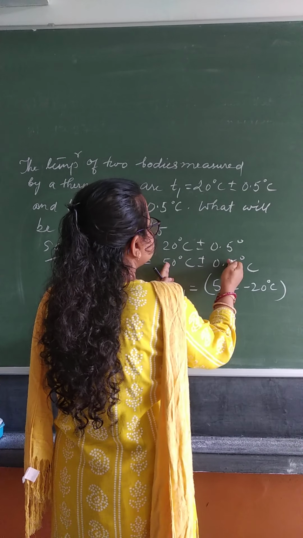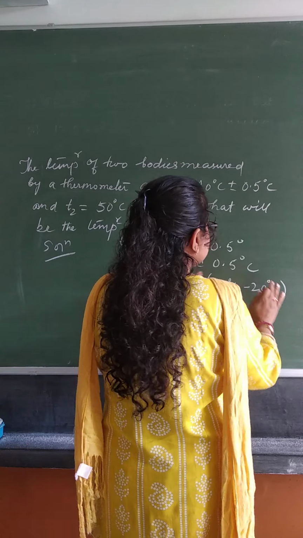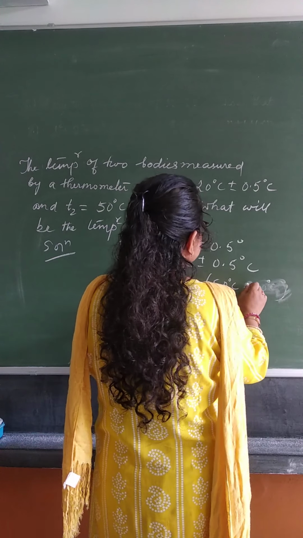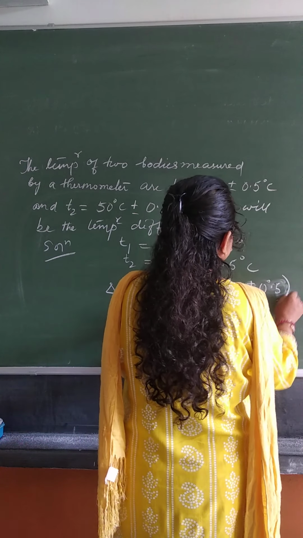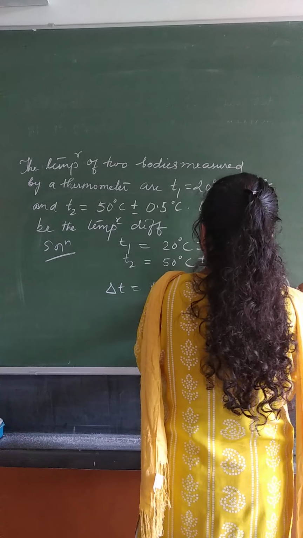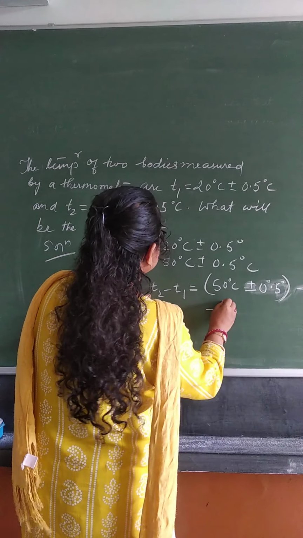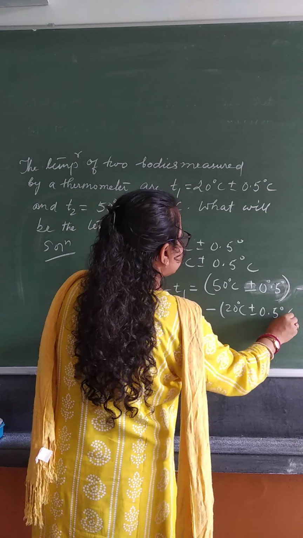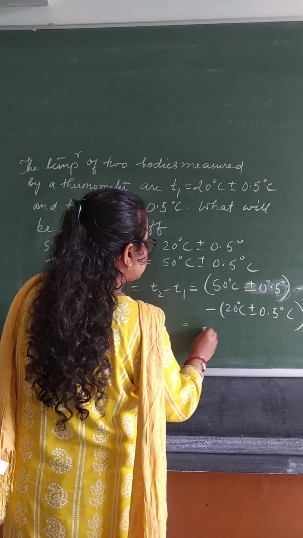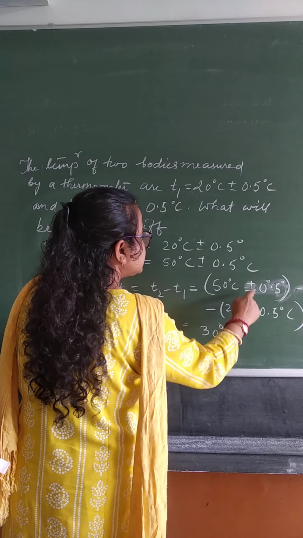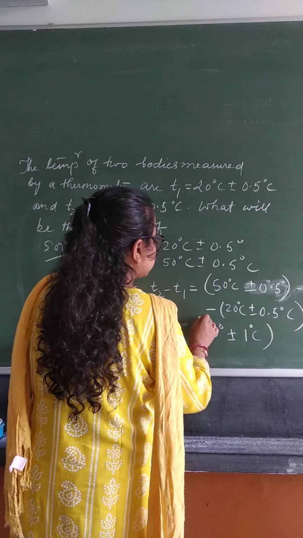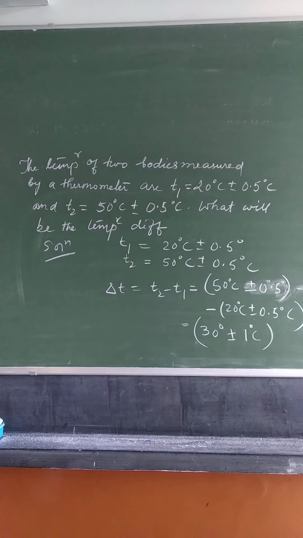If you do it like this, you can write separately: 50 degrees centigrade plus minus 0.5 degrees centigrade minus 20 degrees centigrade plus minus 0.5 degrees. So what remains is 50 minus 20, which is 30 degrees centigrade. Now the errors will add up, so we will have plus minus 1 degree centigrade. So this will be your answer, that is 30 degrees centigrade plus minus 1 degree centigrade.